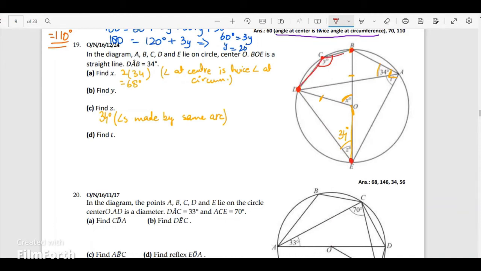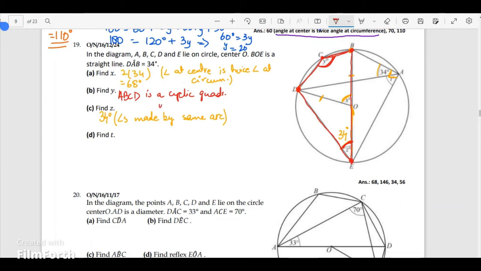This quadrilateral, so ABCD, is a cyclic quadrilateral, and hence this y degrees and this z degrees that we figured out is 34 should be supplementary.